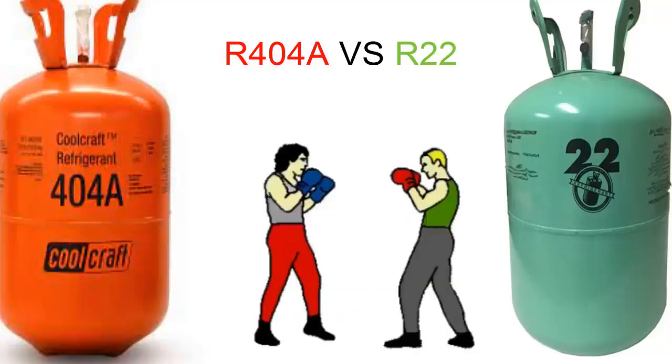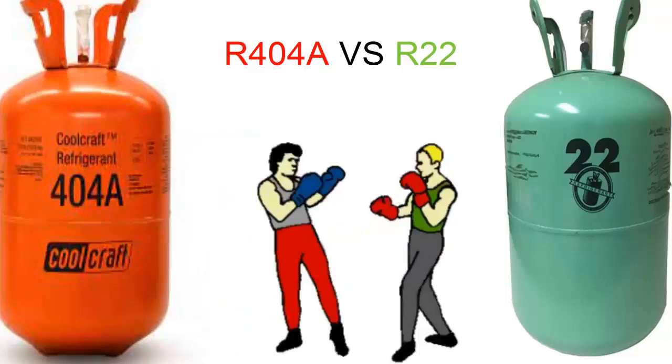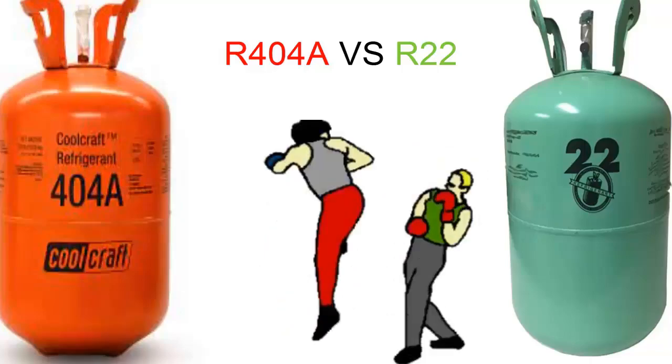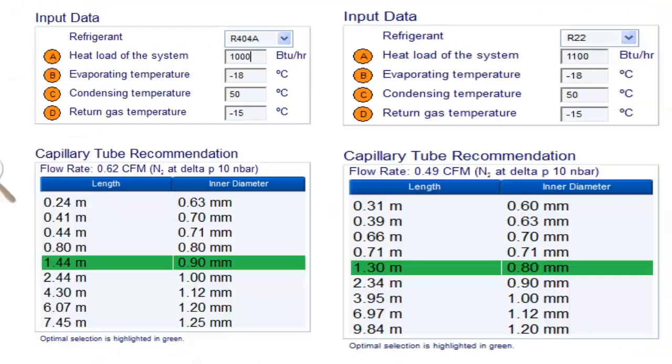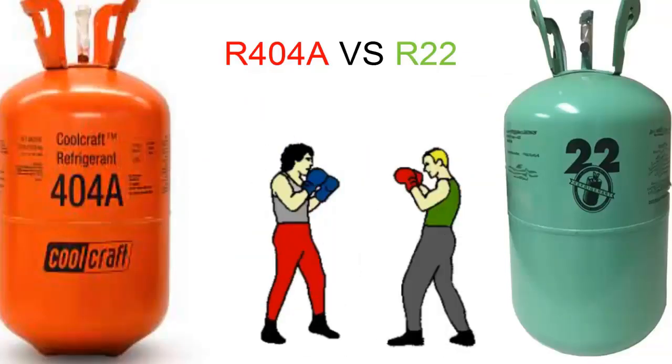Furthermore, since the density of R404A gas is approximately 50% higher than that of R22, when using R404A, the pipe diameter needs to be larger for the same displacement. Let's compare the measurements of the capillary tube for both refrigerant gases under the same operating condition. For the same compressor, the current required for R404A is higher than that for R22.